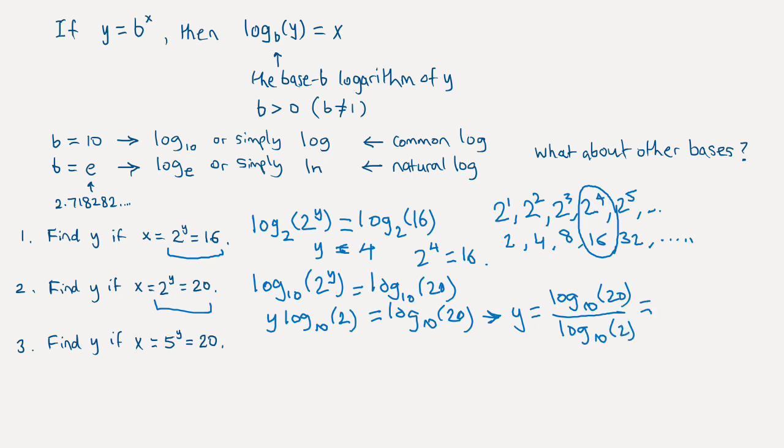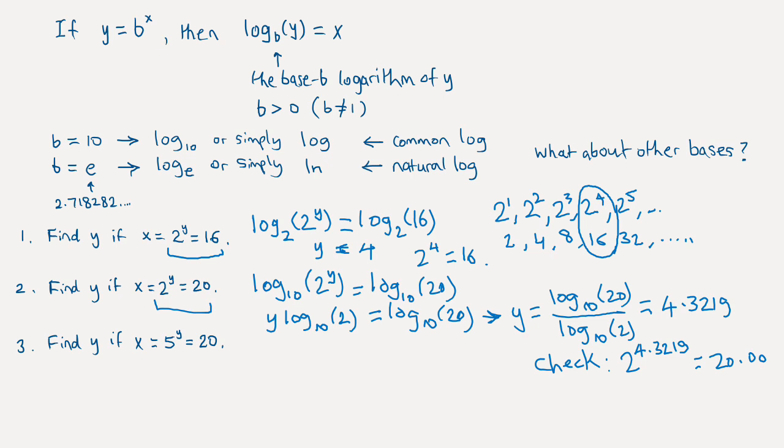If we do that on the calculator, we get the answer 4.3219. Then we can check that answer by going back to our original equation, 2 to the power 4.3219, and that does indeed come to 20 to 2 decimal places.